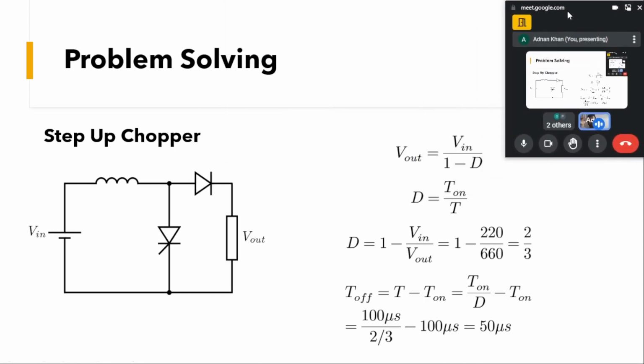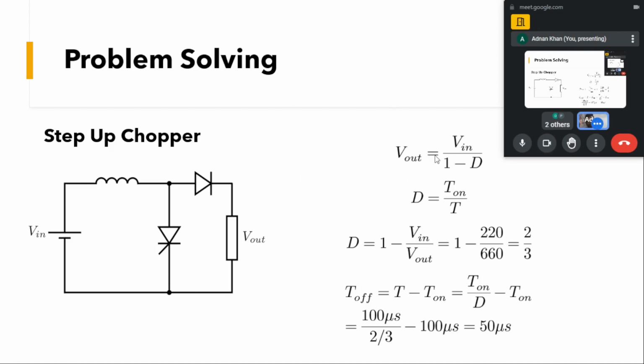Also, what is given here: for this step-up chopper, we have the equation derived by using steady-state equations, where the average voltage across the inductor is 0.